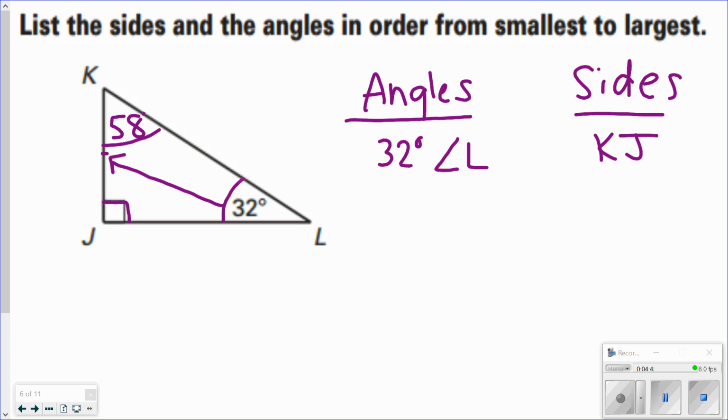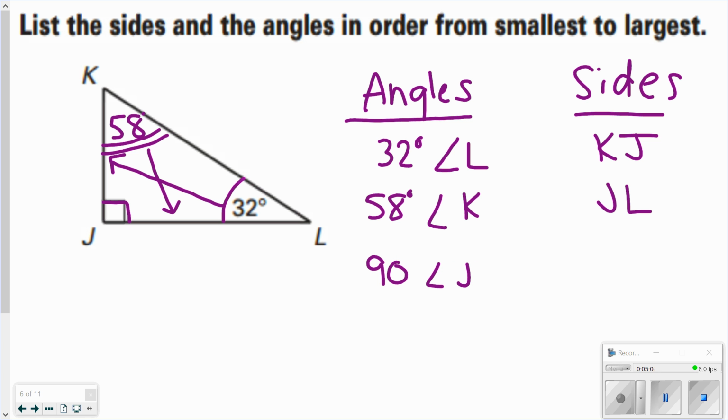Our next angle would be 58 degrees, which would be angle K. The opposite side of angle K would be JL, so that's our medium size side length. And then finally, 90 degrees is our largest angle measure, which is angle J. And opposite of angle J is KL. And we're done.